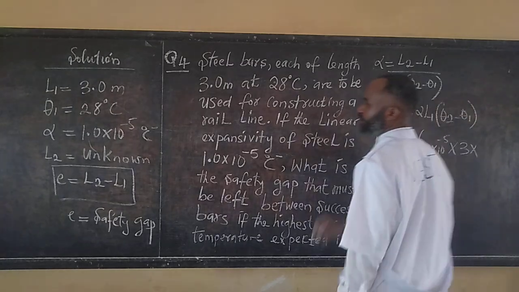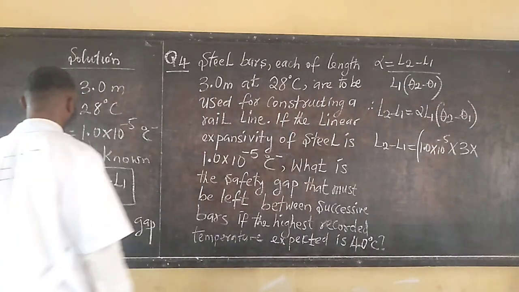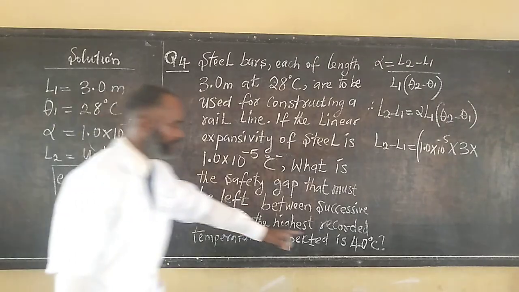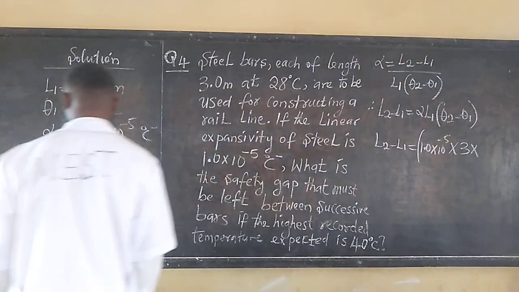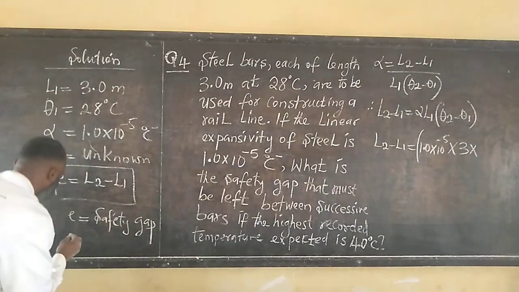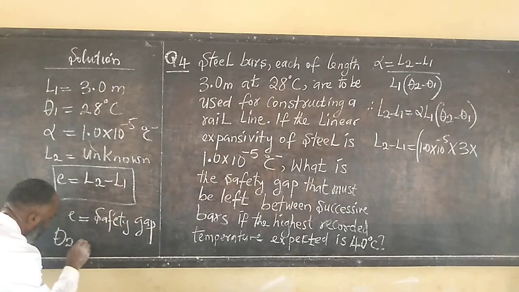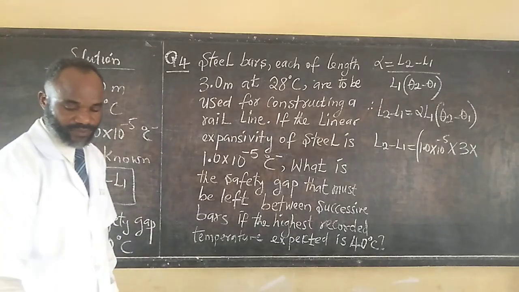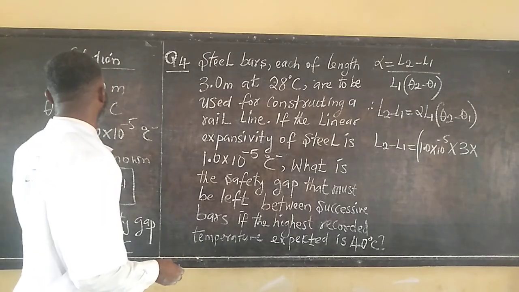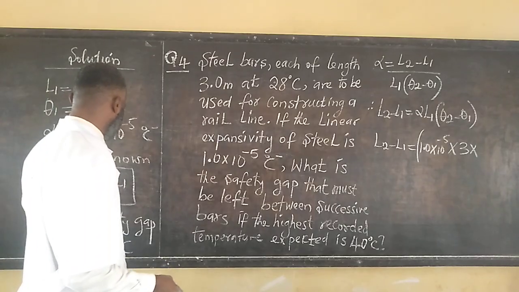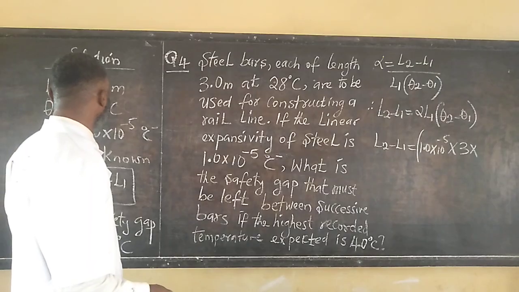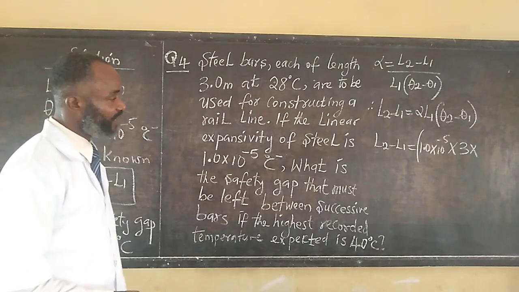A change in temperature. Theta 2 is equal to 40 degrees centigrade. Theta 1 is 28, and theta 2 is 40.